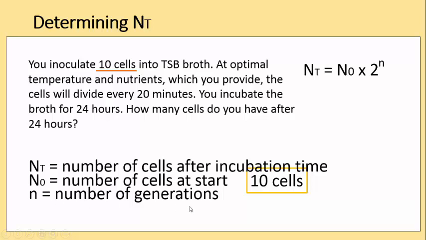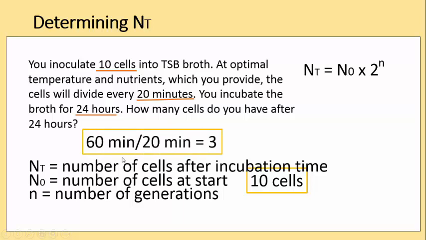And then you need to figure out the number of generations. So you need to know that the cells will divide every 20 minutes and you incubate for 24 hours. So why do you need both of those? Well, because you need to figure out how many times the cells are going to divide in 24 hours. So the first thing that we do is figure out how many 20-minute intervals are in an hour.